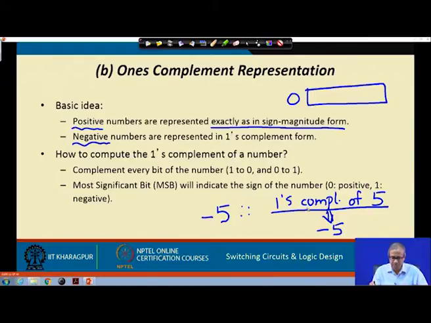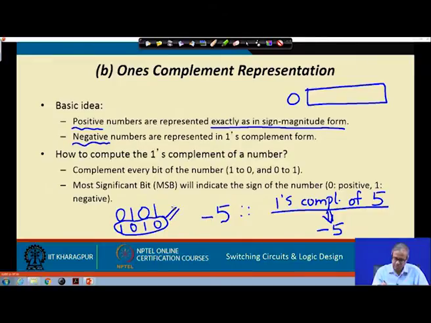So, what is 1's complement? It is very simple. You take the number, let us say you have 5, let us say in 4 bits 5 is what, 0 1 0 1, this is 5, right, in 4 bits. You complement every bit of the number, that means 1 you make 0, 0 you make 1, 1 you make 0, 0 you make 1. You change or flip every bit, and this will be your 1's complement.